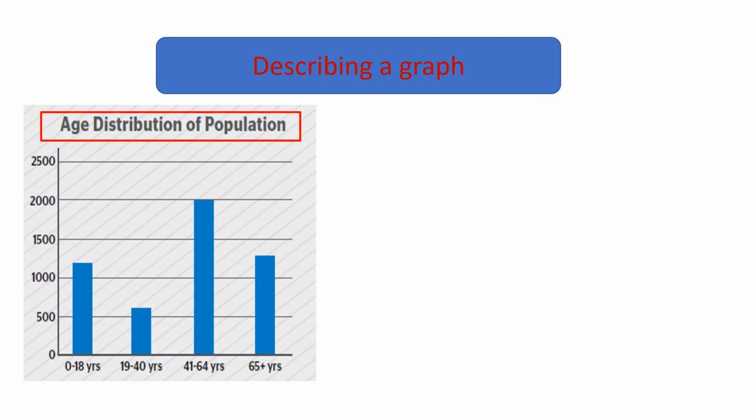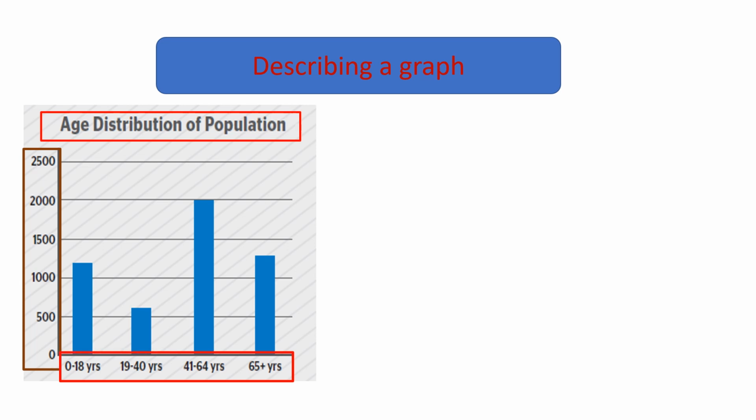The first one is the title that tells us what the graph is about, and this example is about the age distribution of population of a certain country or town. The second main part is the numbers that indicate the number of people or population. And the last part is the age groups of people.